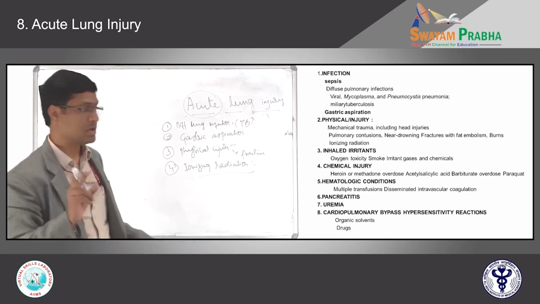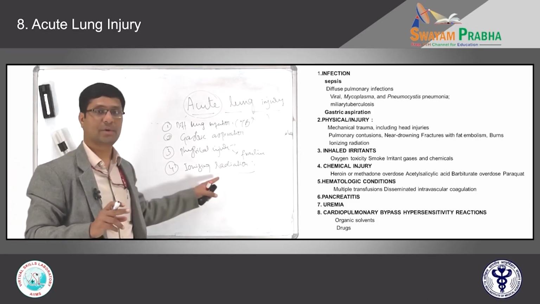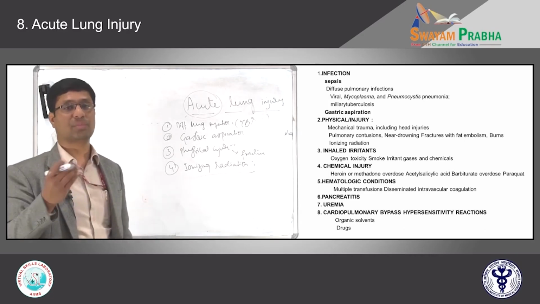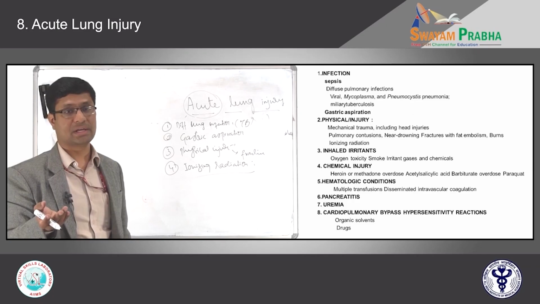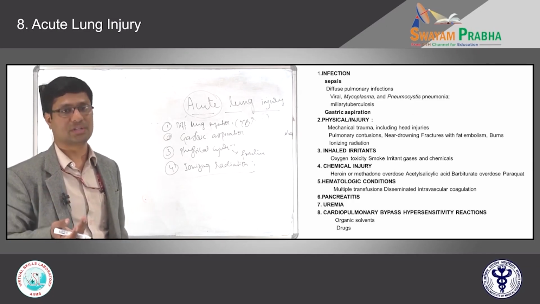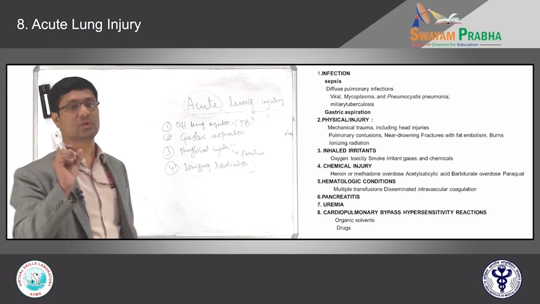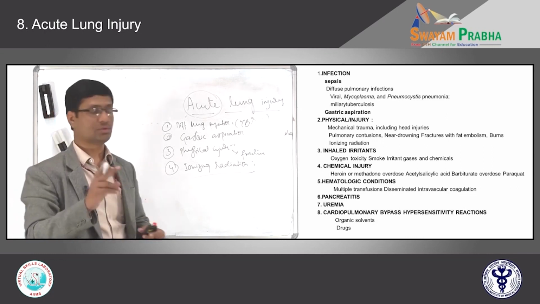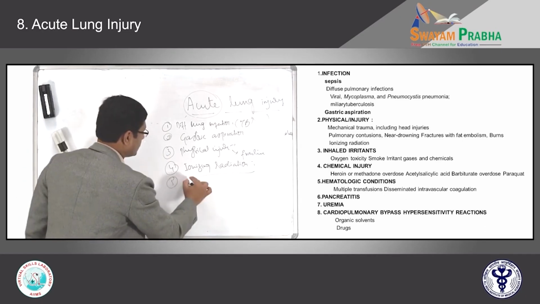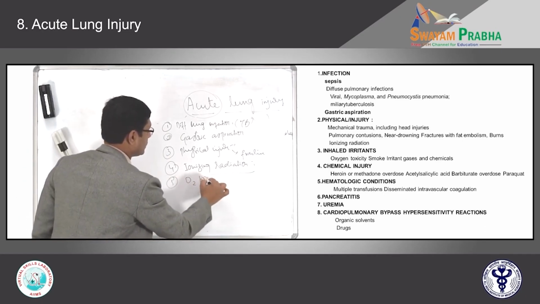Because the normal radiation can also cause damage to the lung, leading to acute respiratory distress syndrome. Patient may land up in severe ARDS and he may die not because of the primary disease, but because of ionizing radiations. So they will titrate the dose, they will protect the normal parts. This you should remember.